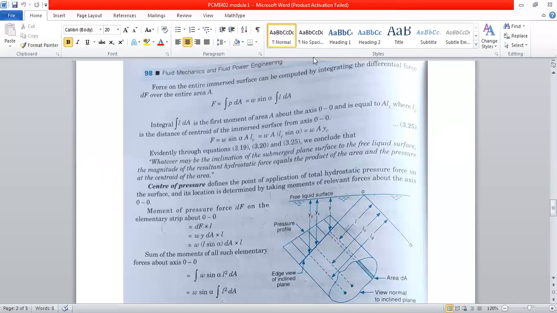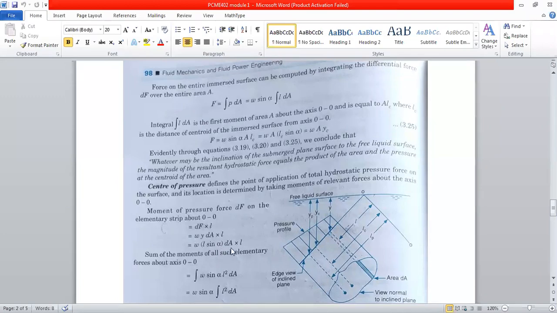Taking the moment about the axis O-O, L into dF, that is the magnitude. So here dF is W y dA, and y is L sin alpha.